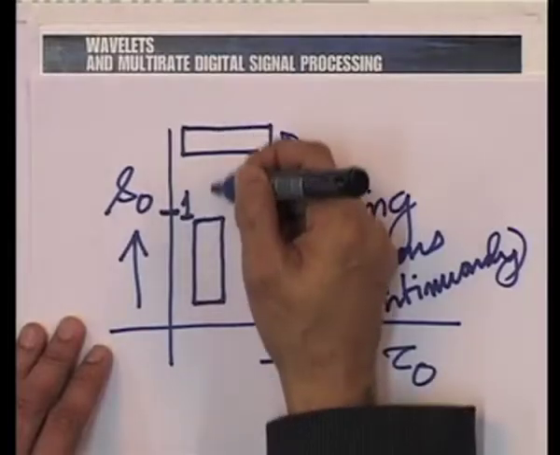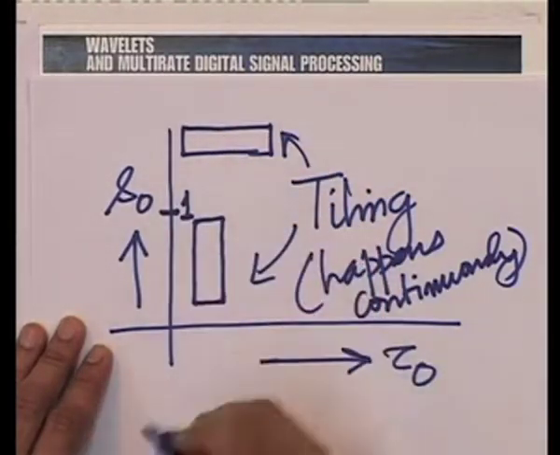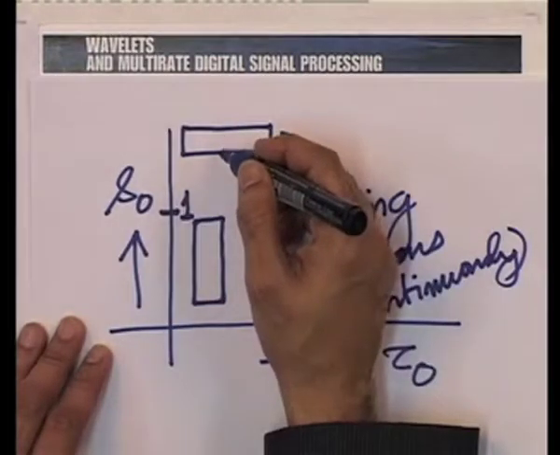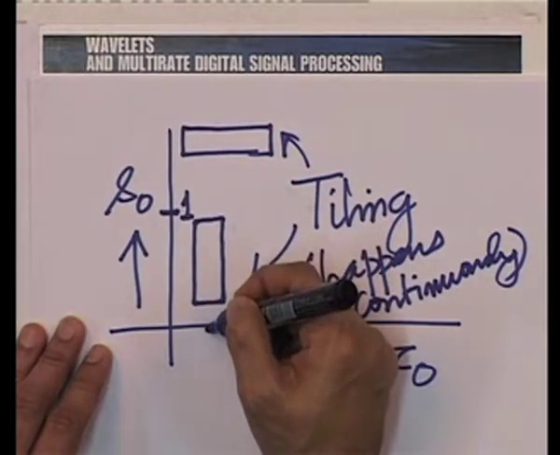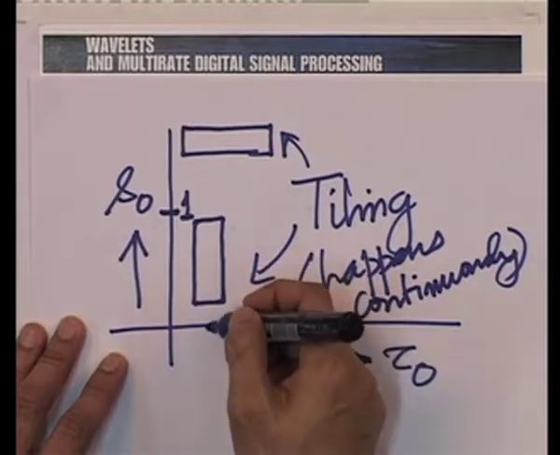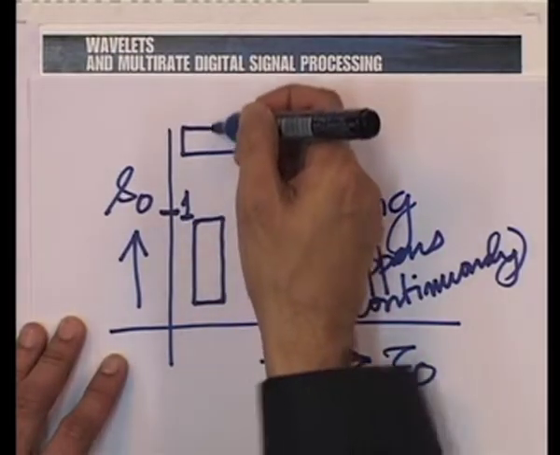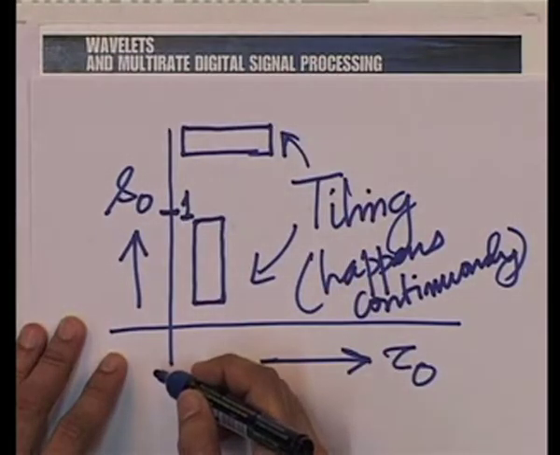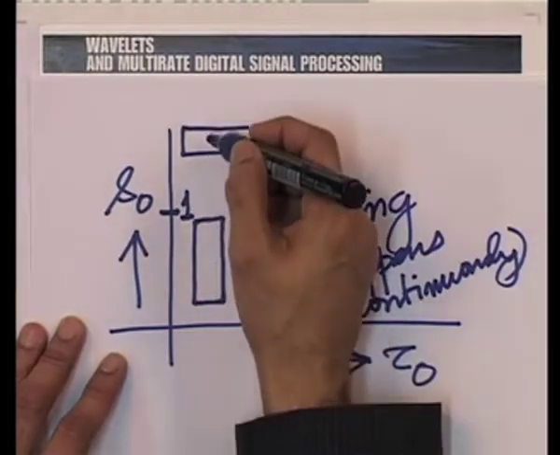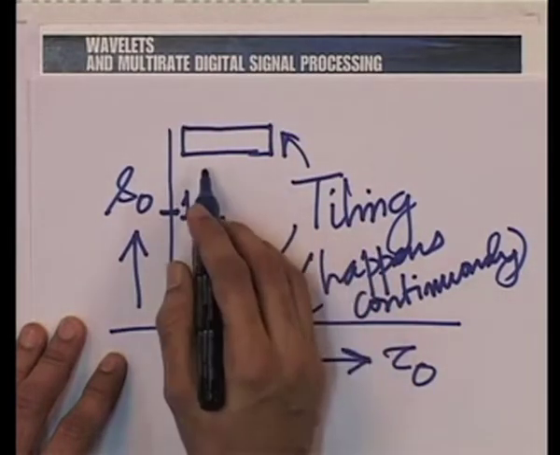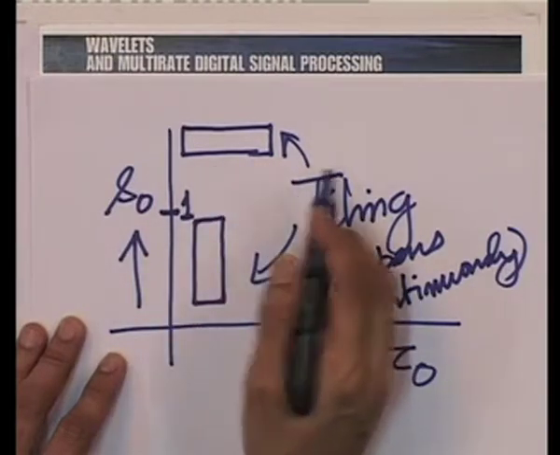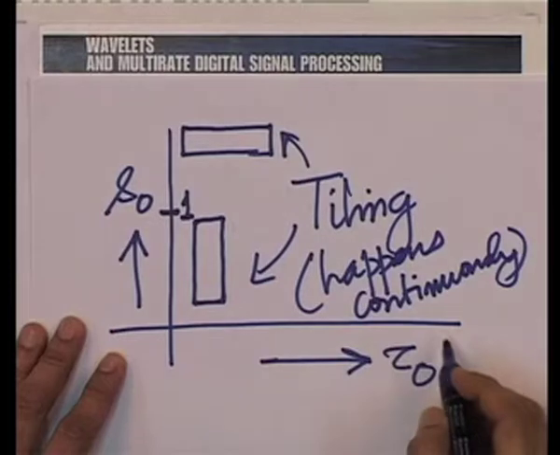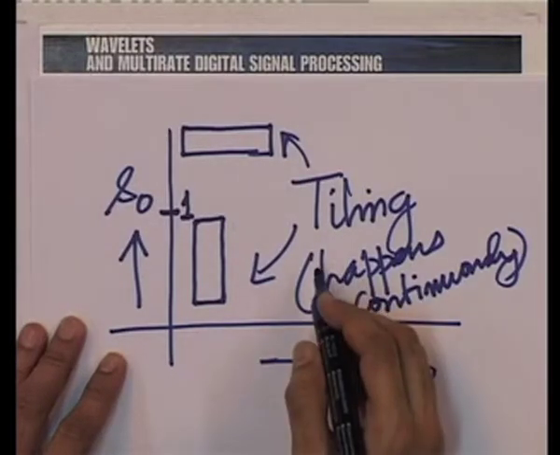When they move along the S naught axis, they start expanding vertically as they come down S naught, and they start contracting vertically as they go up S naught. And as they contract and expand in this manner, they correspondingly expand or contract in the tau naught direction, the translation direction, that is, the time direction.